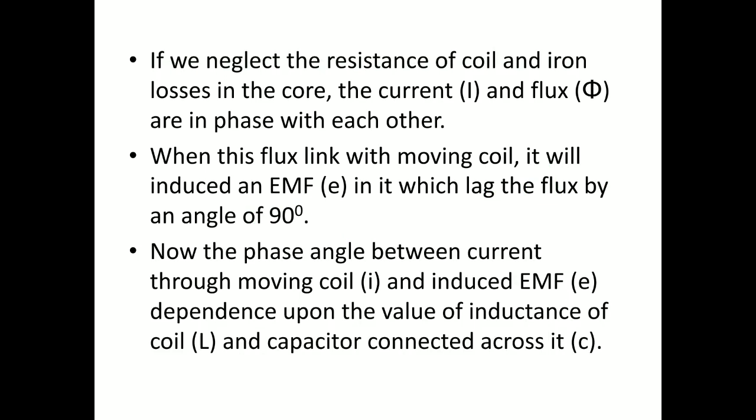Now what will happen? This induced EMF across the moving coil will try to generate a current small i in the moving coil, and the nature of that current i with respect to the induced EMF small e depends upon the net reactance of the moving coil circuit. It may lag, it may lead, or it may be in phase with the induced EMF small e.